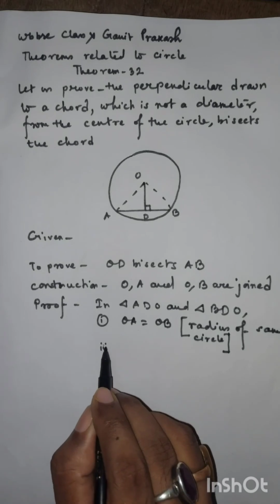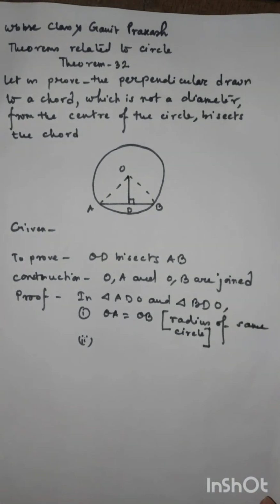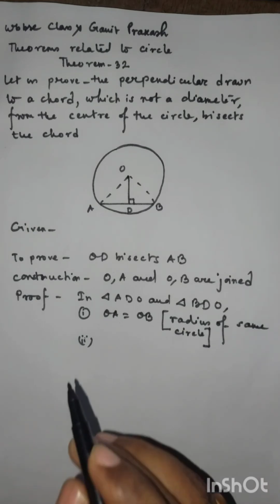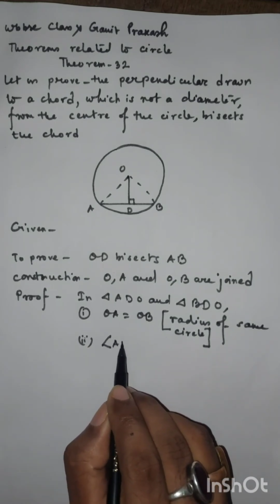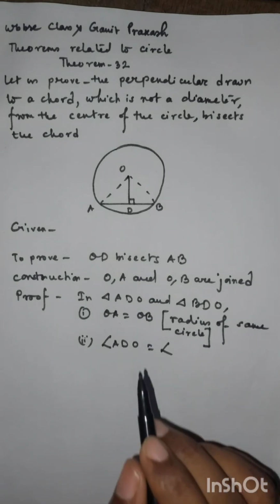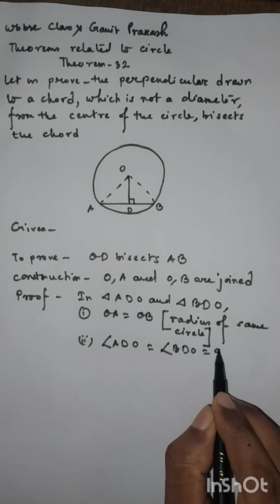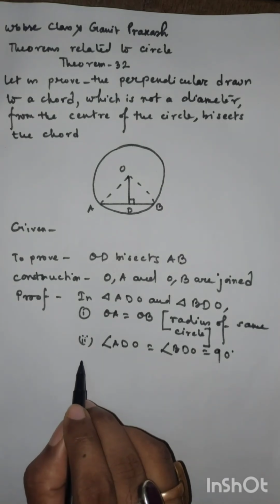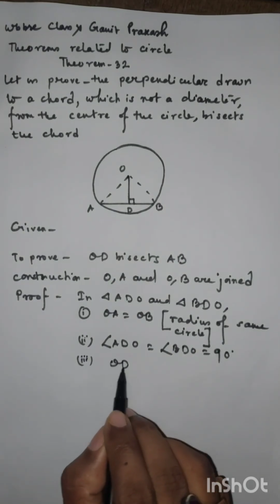Number 2, angle ADO equal to angle BDO equal to 90 degree. Number 3, OD common side.